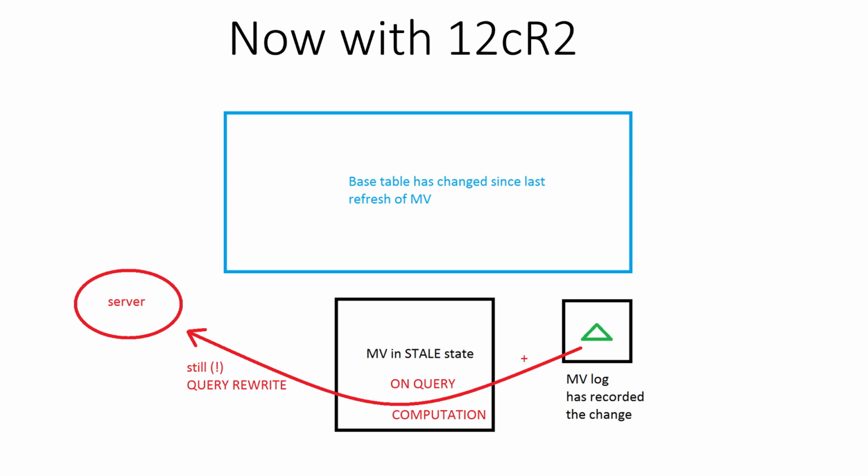That is a process called on-query computation. So we are using the stale data here in the materialized view, and we combine the recorded changes with that data to produce a correct result here, without having to refresh the materialized view.